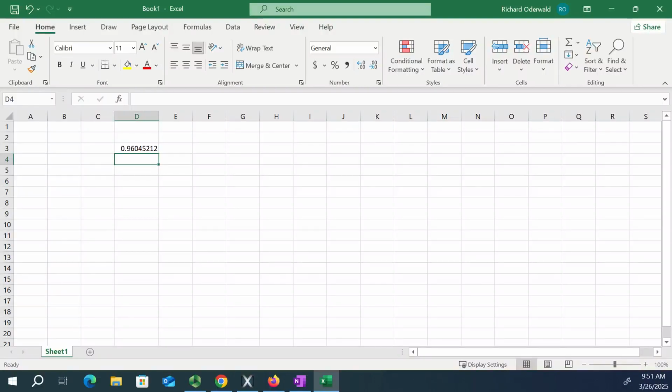0.96. I can do this two ways. One, I can look at it from the 95%, or I can look at it from the 5% rejection region, which is the way that it's usually done. So I need 1 minus this equals 1 minus that.